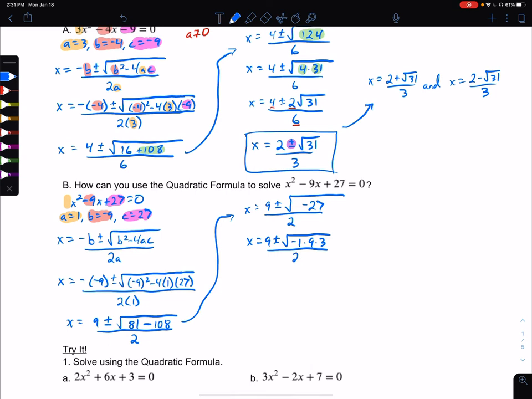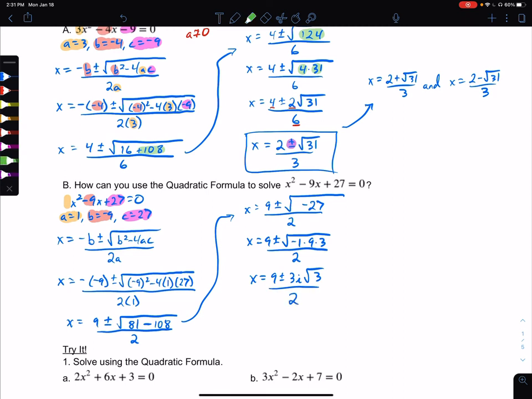And the reason I'm using a 9 there is because it's a perfect square. So that's going to be, part of it is going to be taken out. So x is equal to 9 plus or minus 3i radical 3, and all of that will be over 2.